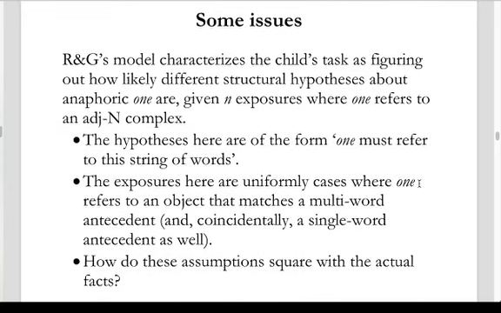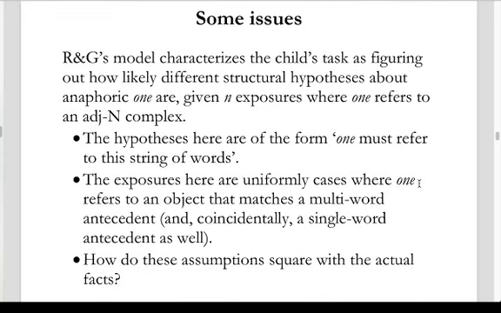Okay, here are some other issues though. So Regier and Gahl's model characterizes the child's task, or the acquisition task, as figuring out how likely different structural hypotheses about anaphoric one are, given some number of exposures or some number of observed situations where one refers to an adjective-noun complex, in this case, red ball.